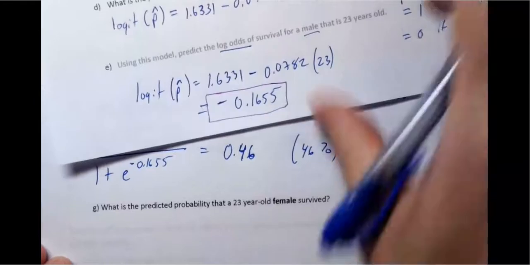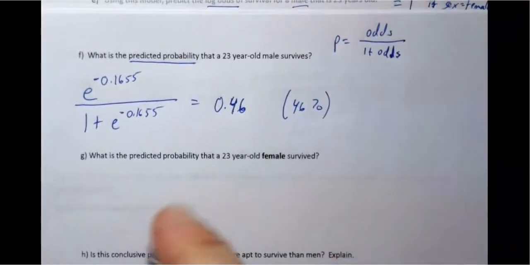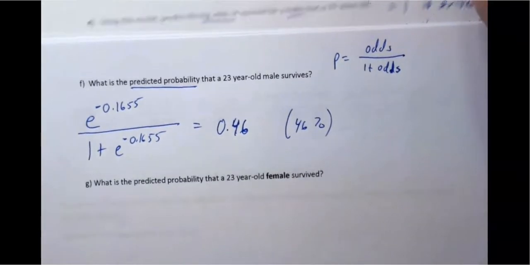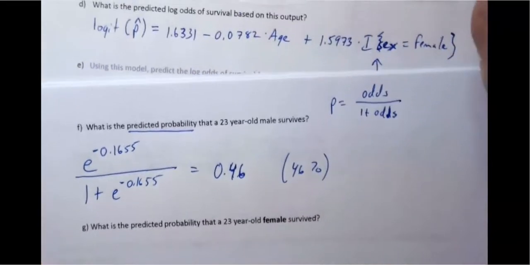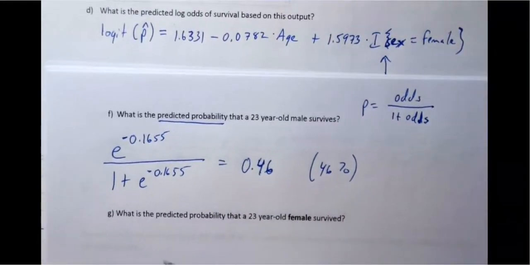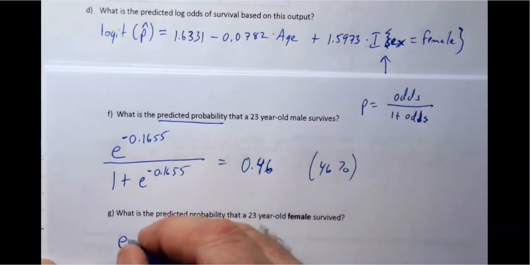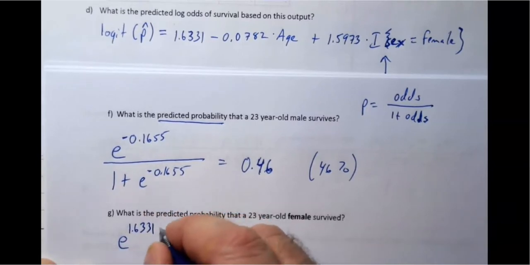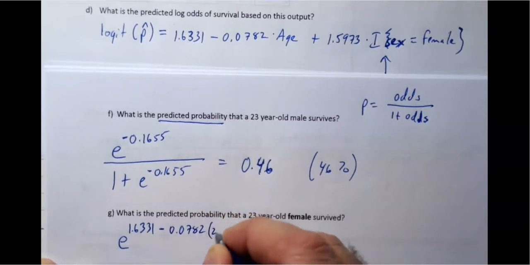What is the predicted probability that a 23-year-old female survived? Using the same model the way I just wrote it up here, and again, I could have used either of the models, we could take e to the 1.6331 minus 0.0782 times 23.